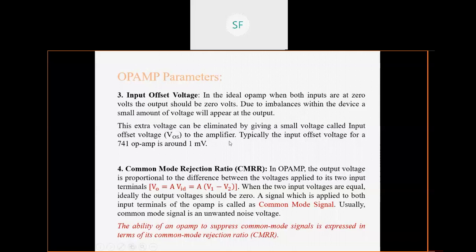To make the output voltage 0, you take a voltage source at the input and vary it until the output voltage equals 0 volt. That additional voltage required to null the output is called the input offset voltage. Ideally we don't want it; its value should be 0, but practically it appears as 1 millivolt.